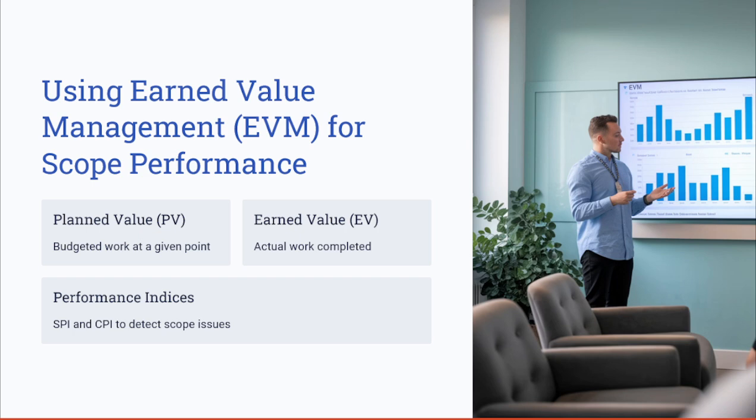We also talked about the schedule and cost performance indexes, the SPI and the CPI metrics, to detect any scope issues and to realign your project with the scope baseline, the schedule baseline, or the cost baseline. So again, EVM provides a quantifiable way to track the scope completion and detect any deviations early. By measuring the relationship between the planned and actual progress, project managers can identify any scope-related risks before they escalate.